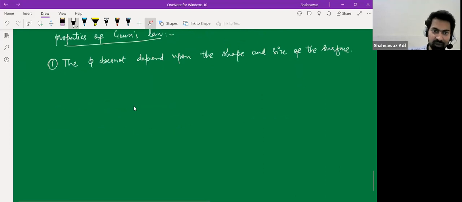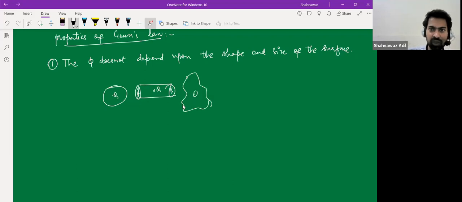Let's say I have this surface, and this is a charge q, and this is closed, and I have charge q here. I have this kind of surface and I have charge q. Let's say I have this distance, which is r, and this distance which is 2r, and this is q.